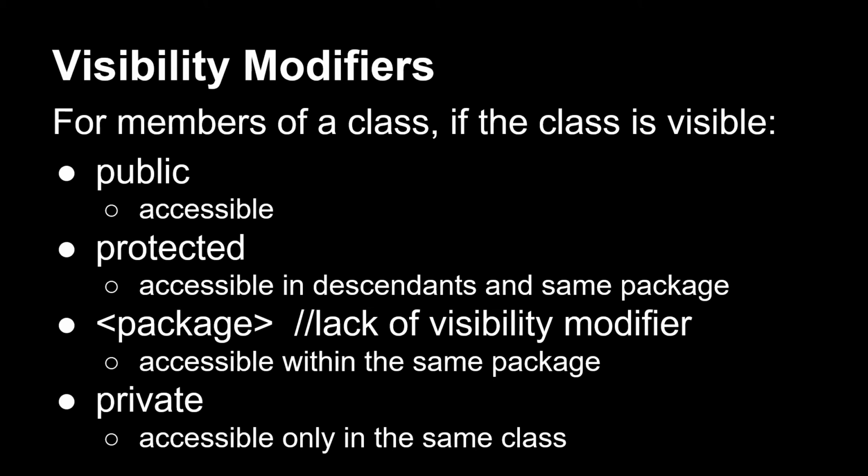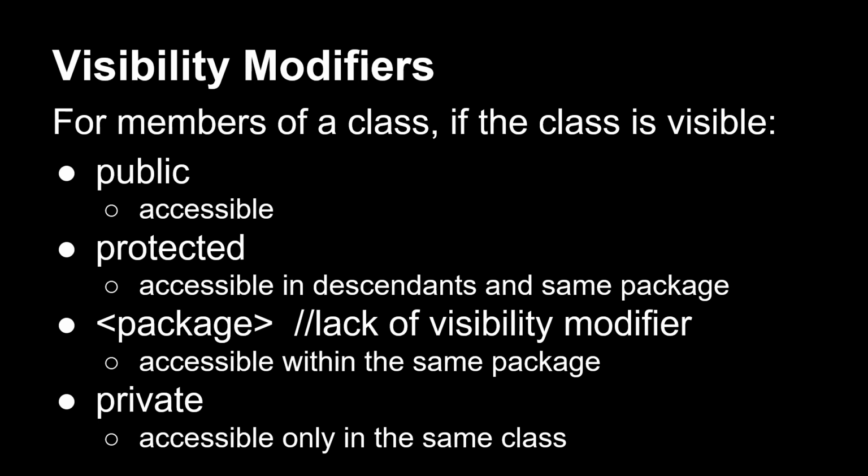But we have these other visibility specifiers. There's 3 visibility specifiers and then the lack of one of those 3. So the 3 visibility modifiers are public, protected, and private. And then if you don't have one of those for any members of a class, and recall members of a class for our purposes are the instance variables, class variables, known as fields, or methods, the only kinds of members we've actually talked about.